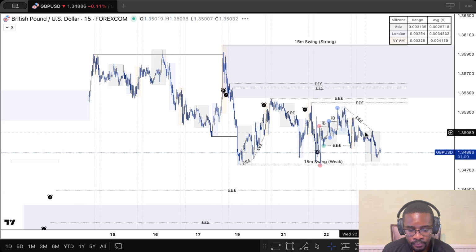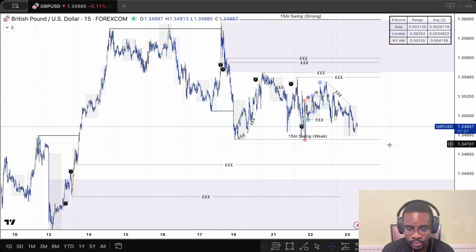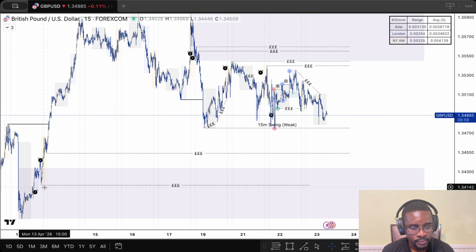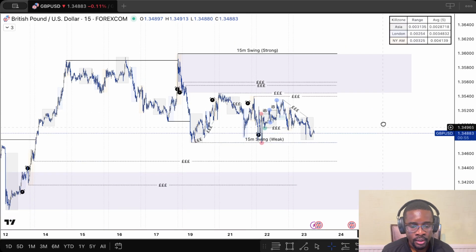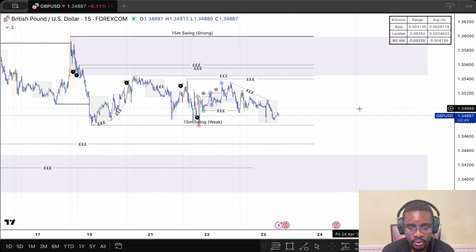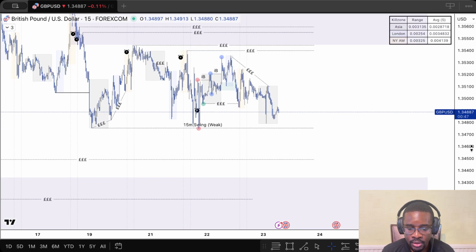Okay. Now there is potential price can continue going bearish. Okay, take out these lows, maybe this structural low. Okay, because the swing range is bearish.